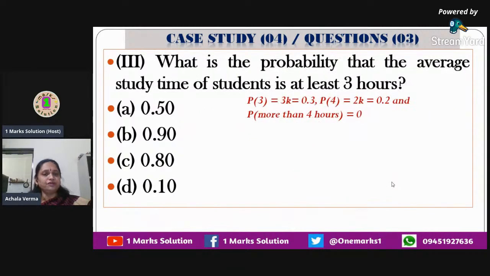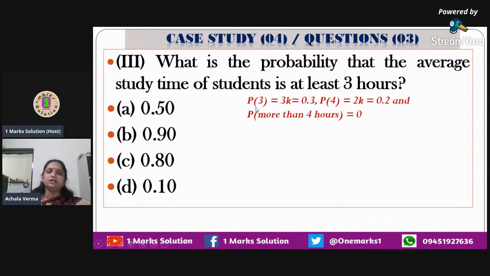Next, we move to the next question. What is the probability that the average study time of students is at least 3 hours? At least 3 hours means minimum 3 hours. That means it can be more than 3 hours. So probability of 3 hours and probability of 4 hours together we need to take as probability of at least 3 hours.